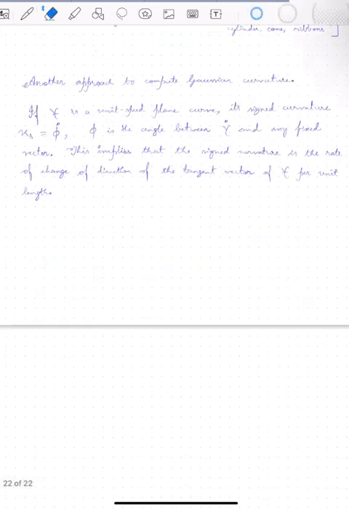So this was the idea in the plane curves approach.